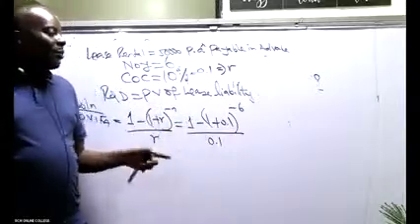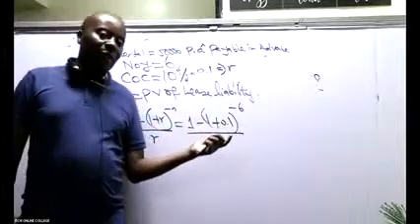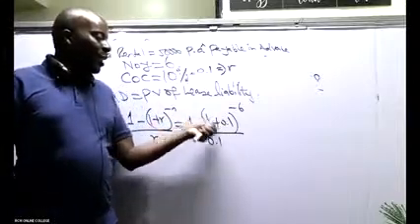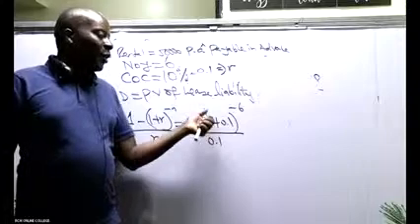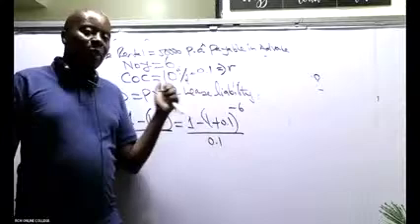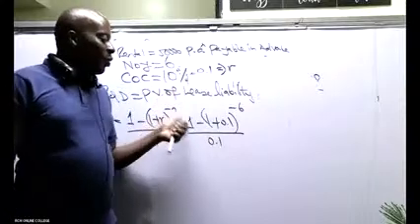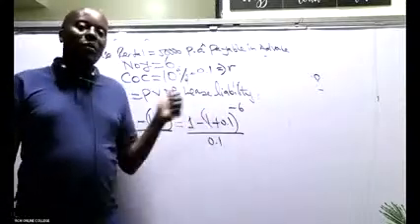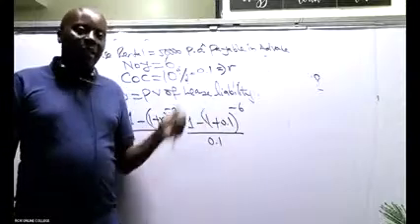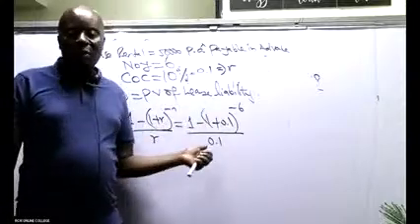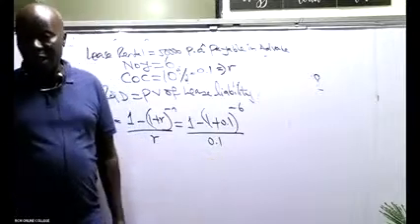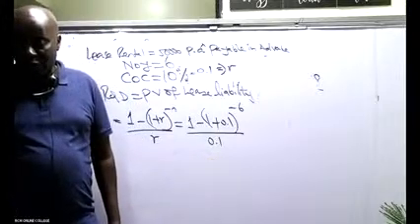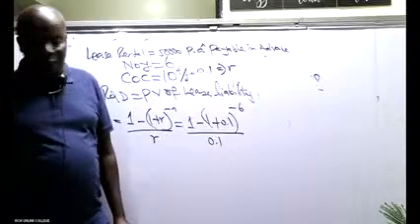If you don't like that approach, you can use brackets first: 1 plus 0.1, so you get 1.1 raised to minus 6. You raise first, and then say 1 minus the answer, then equals, then divided by 0.1. What are we getting? We are getting 4.3553.